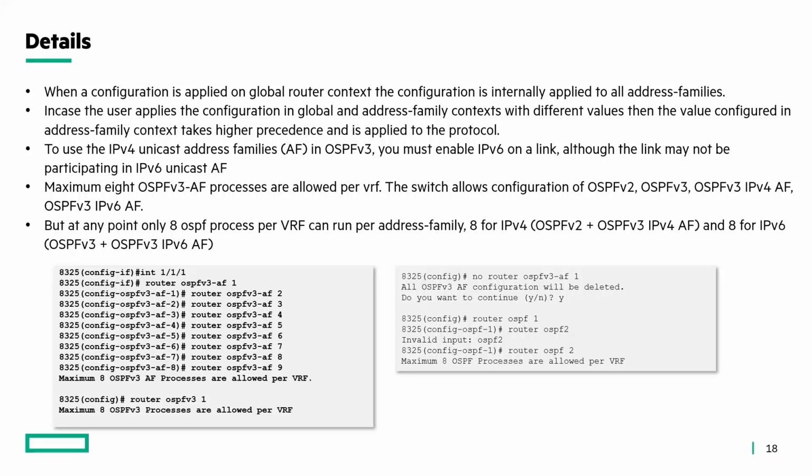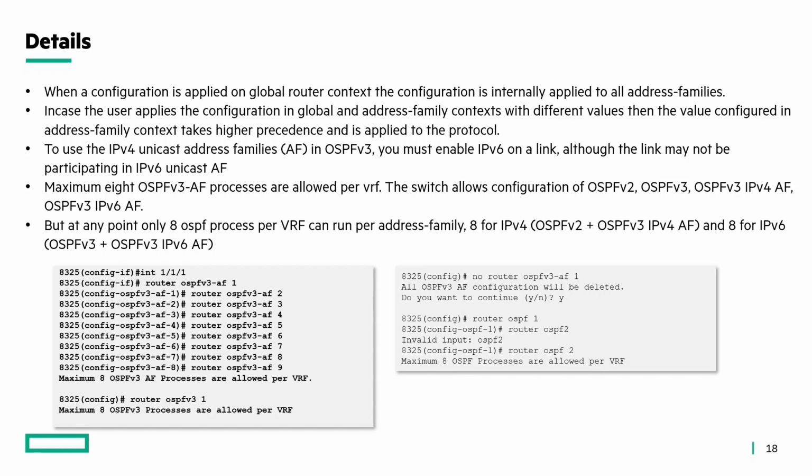In case the user applies the configuration in global and AF contexts with different values, then the values configured in the AF context take higher precedence and are applied to the protocol. To use the IPv4 unicast address families in OSPFv3, you must definitely enable the IPv6 link local address, although the link may not be participating in IPv6 unicast AF.